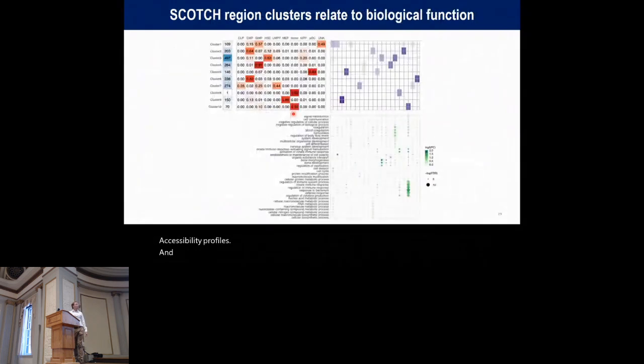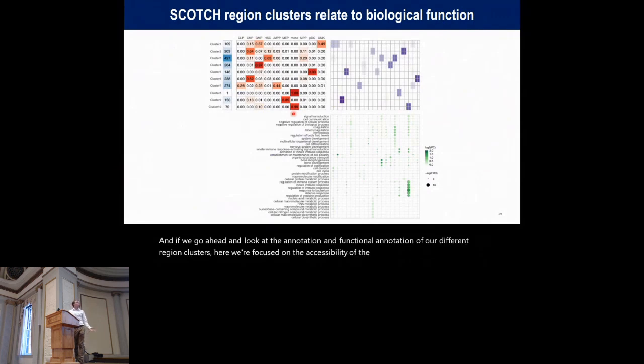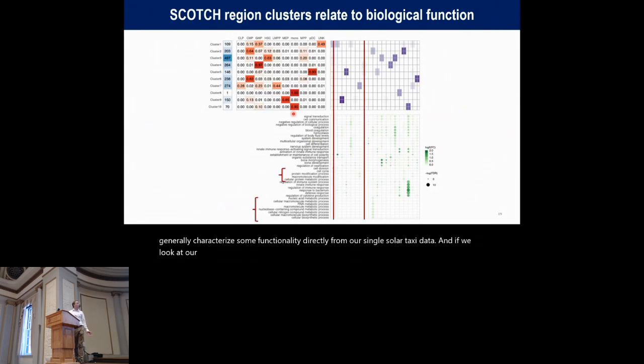And if we look at the functional annotation of our different region clusters, here we're focused on the accessibility of the gene promoter. We can generally characterize some functionality directly from our single-cell ATAC-seq data. And if we look at our general sets of features which are shared across multiple different clusters, these accessible genes are largely associated with processes that are shared across cell types, including cell division and RNA metabolism.